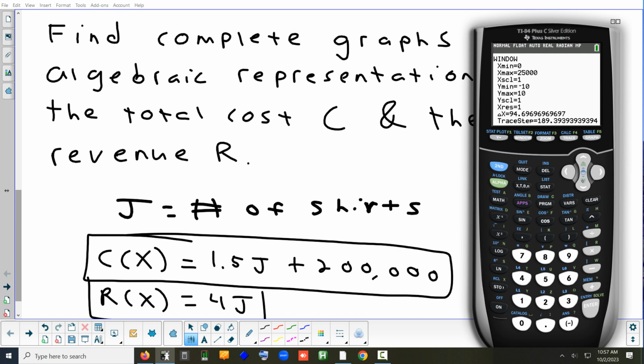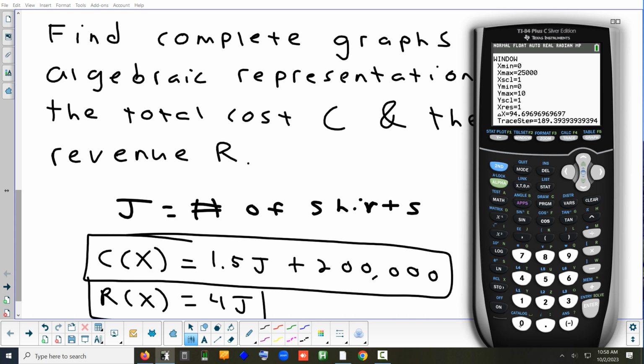So the Y min, that's the money that you either spend or the money you take in. What's the smallest value that could be? 200,000. In terms of spending, yep, the minimum you spend is 200,000. How about in terms of revenue? What's the minimum you could make? 0. If you don't sell any shirts, your revenue is going to be 0.